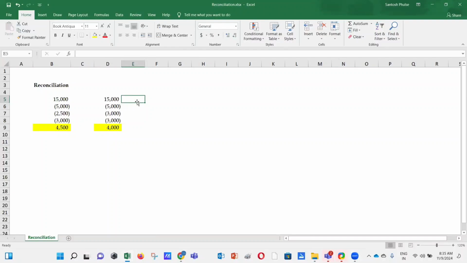It's a simple concept about reconciliations. You have to find out the difference between two different data. That's straightforward.